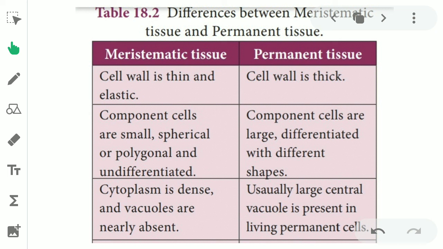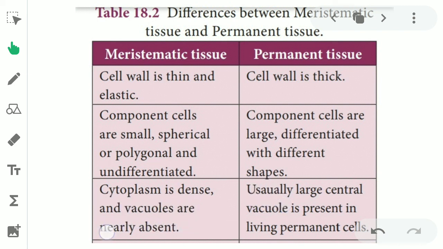Permanent tissue is divided into simple tissue and complex tissue. In meristematic tissue, the cell wall is thin and elastic; in permanent tissue, the cell wall is thick. Cells are small, spherical, polygonal; permanent cells are large, differentiated, with different shapes.